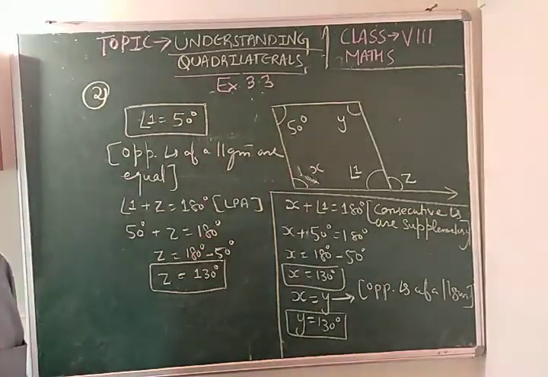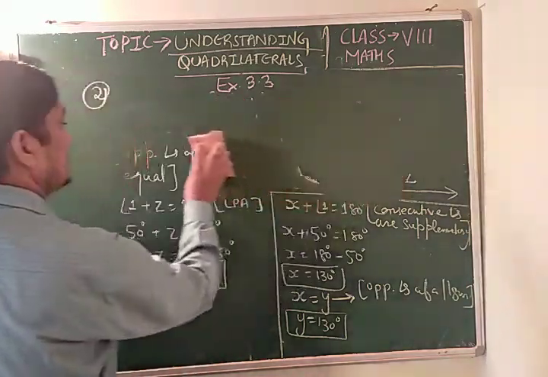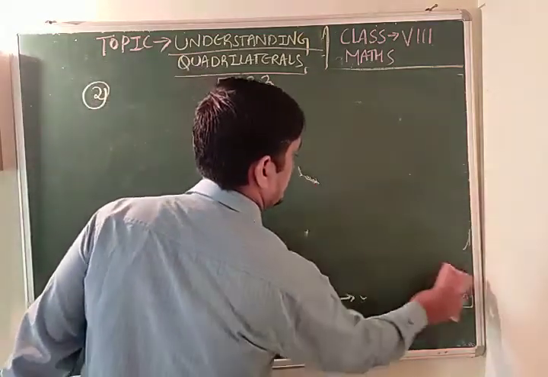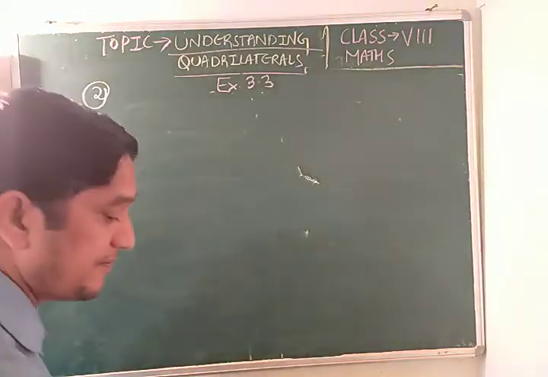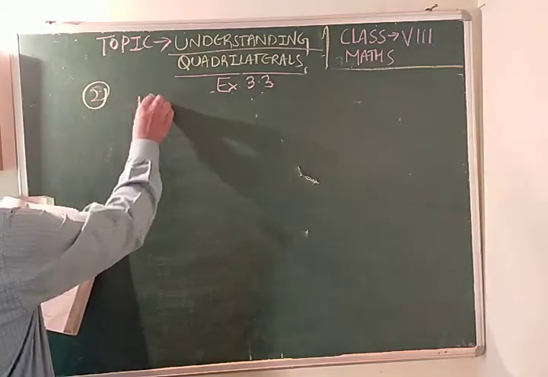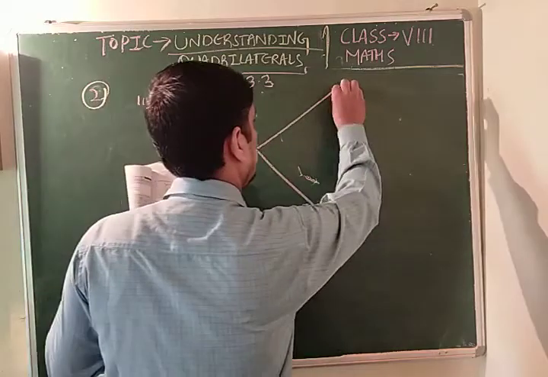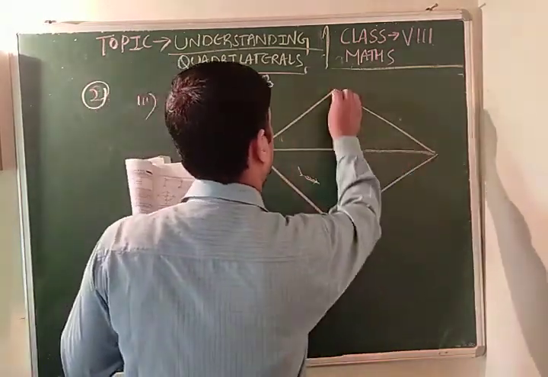So children, one more part we are going to do. Sorry, question number second, part third. In this, we have a parallelogram like this. These are the diagonals.